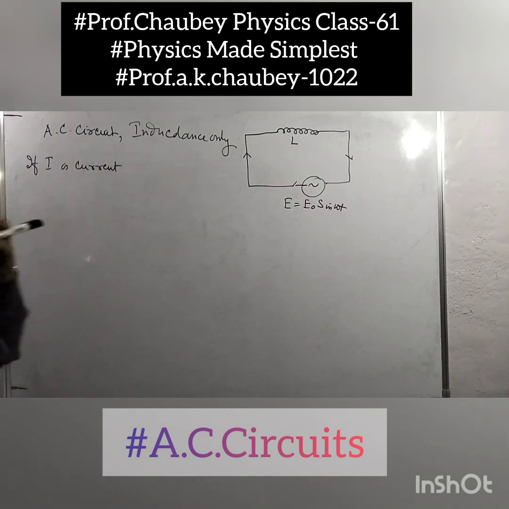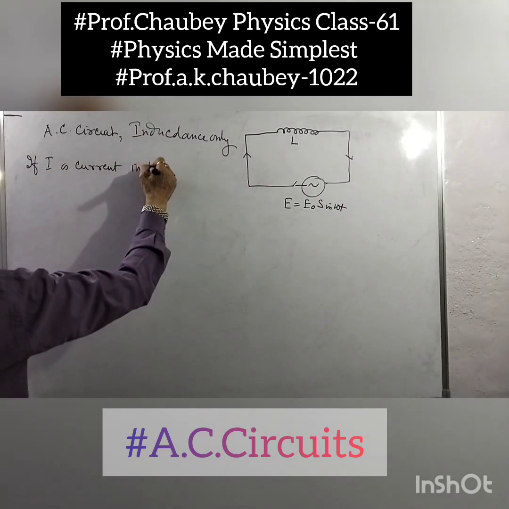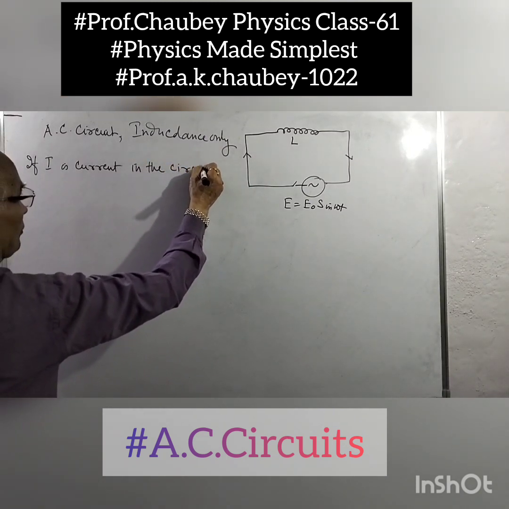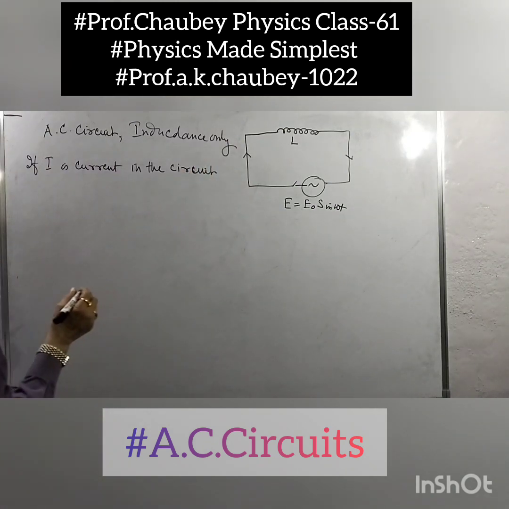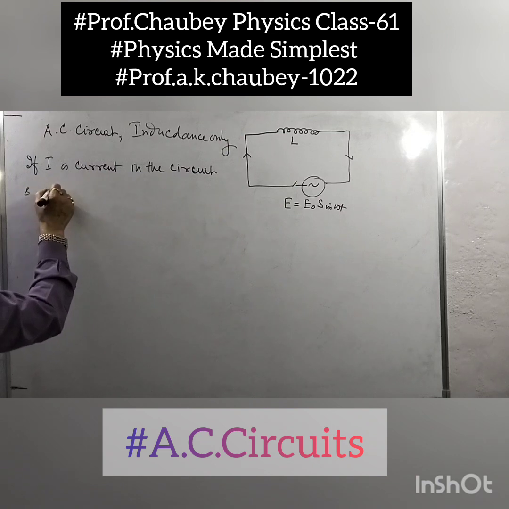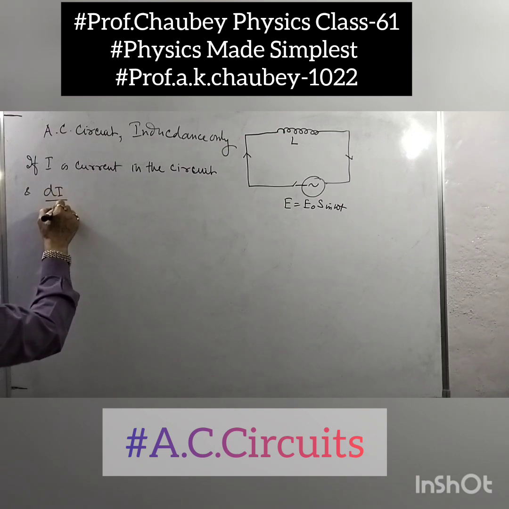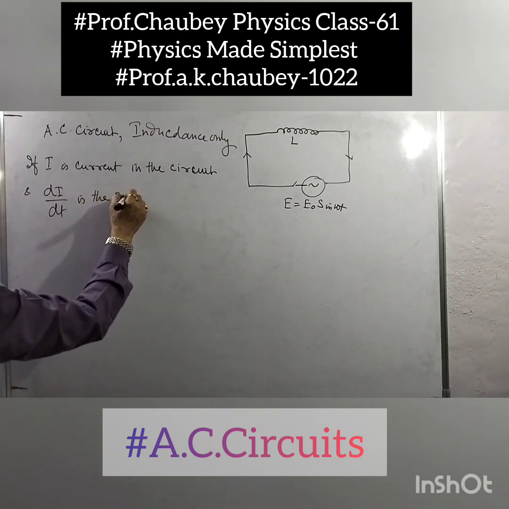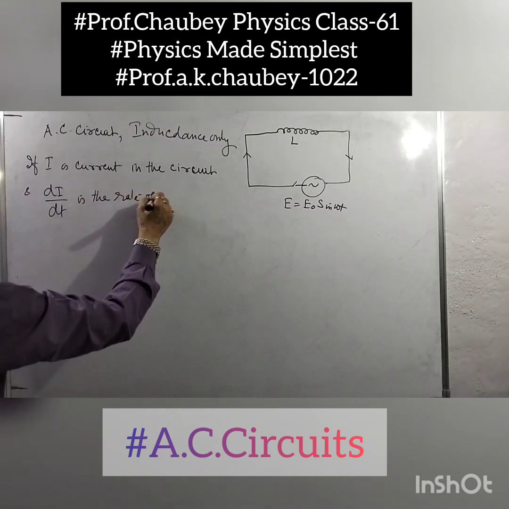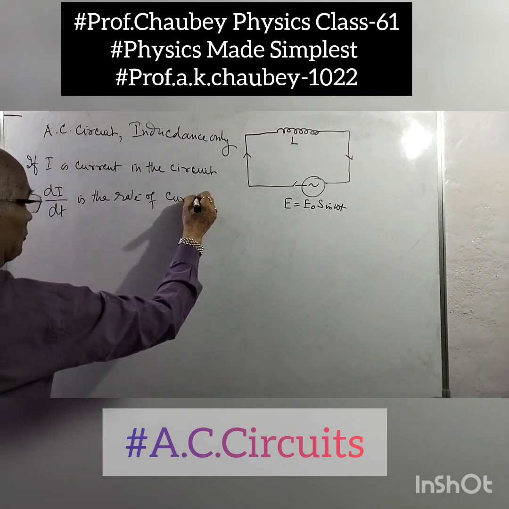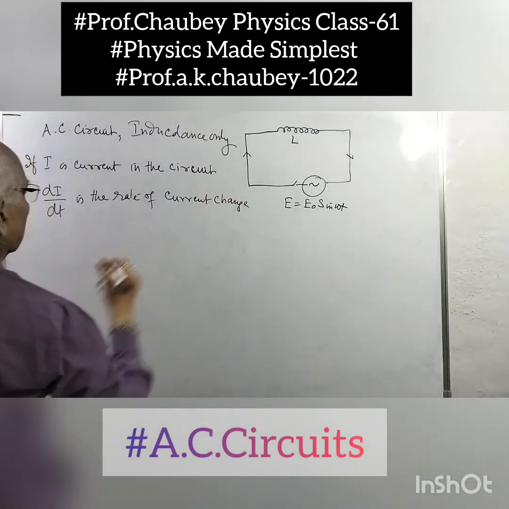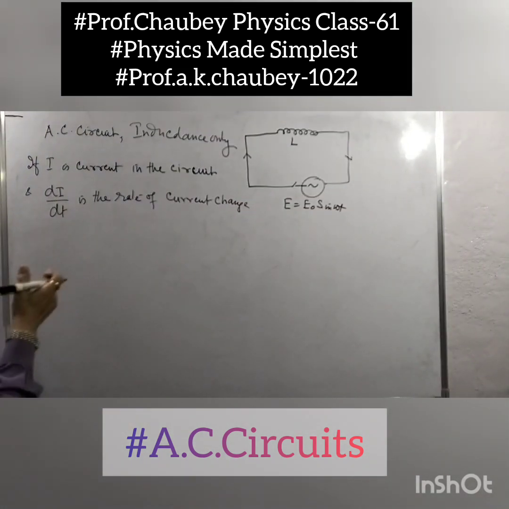If I is the current in the circuit, and di dt is the rate of change of current, the current changing in the circuit with time.